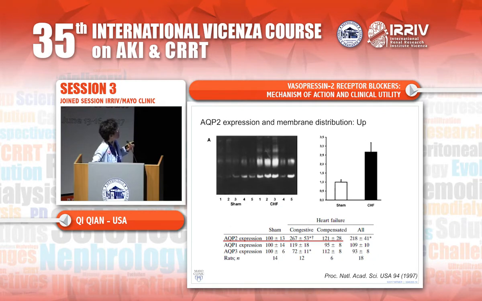Under those circumstances, we knew from the animal experiments as well as human cell-based experiments that there is significant renal upregulation of vasopressin-2 receptor production, uniquely activated.